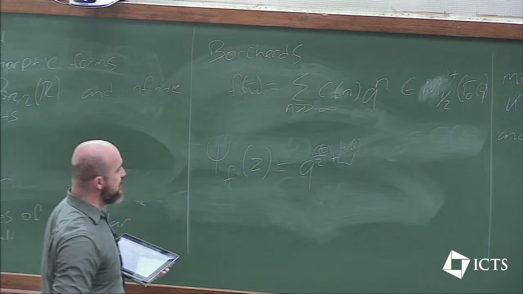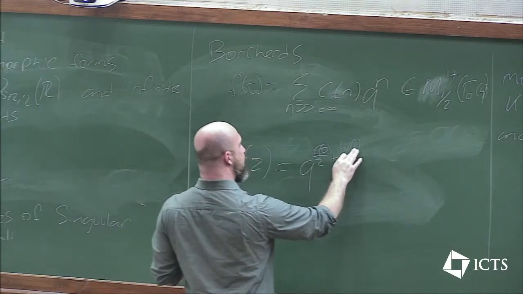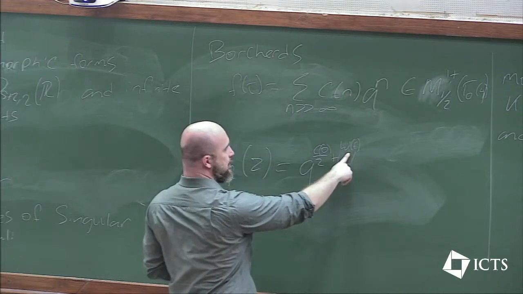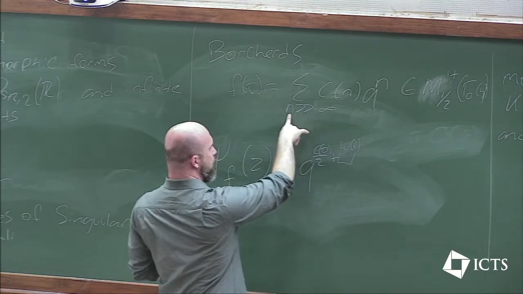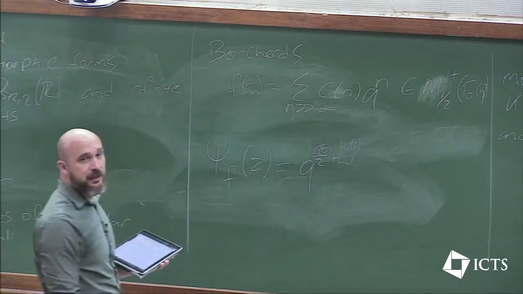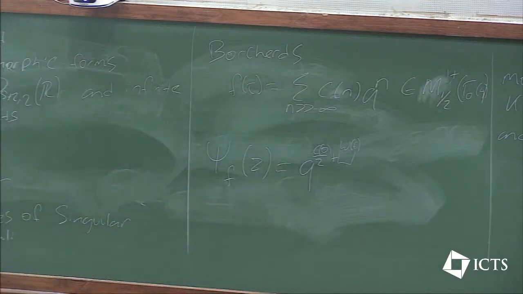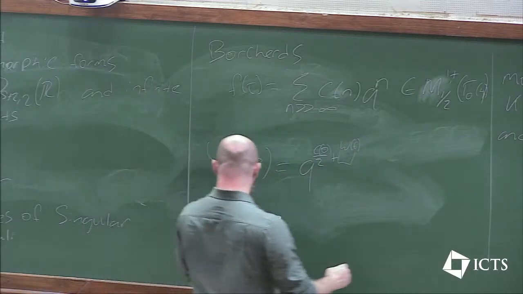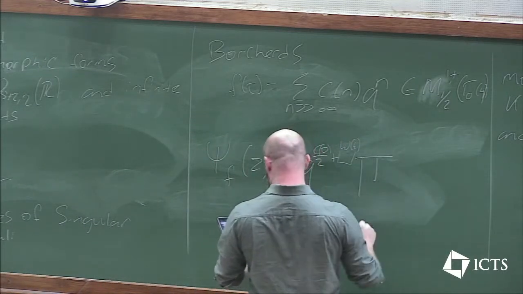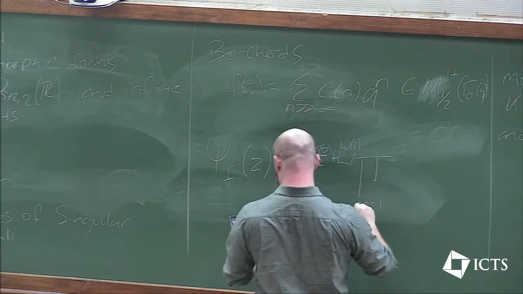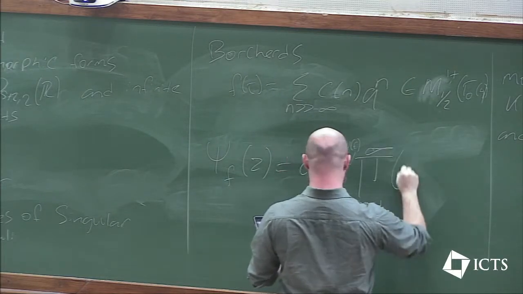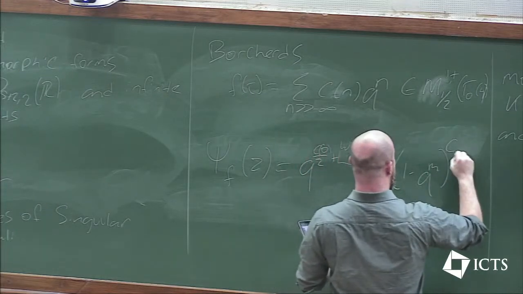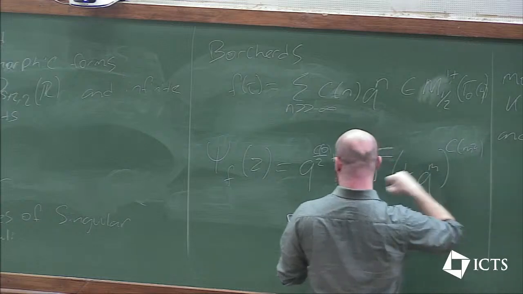In a lot of the interesting cases, this disappears. But this really depends on the negative terms that show up. It's dependent on something called the Weyl vector of f, but we're looking at the poles of f. So if you have something that's actually holomorphic, that piece disappears completely. And then from here, we get this product from m equals 1 to infinity of 1 minus q to the m, to the c of m squared.